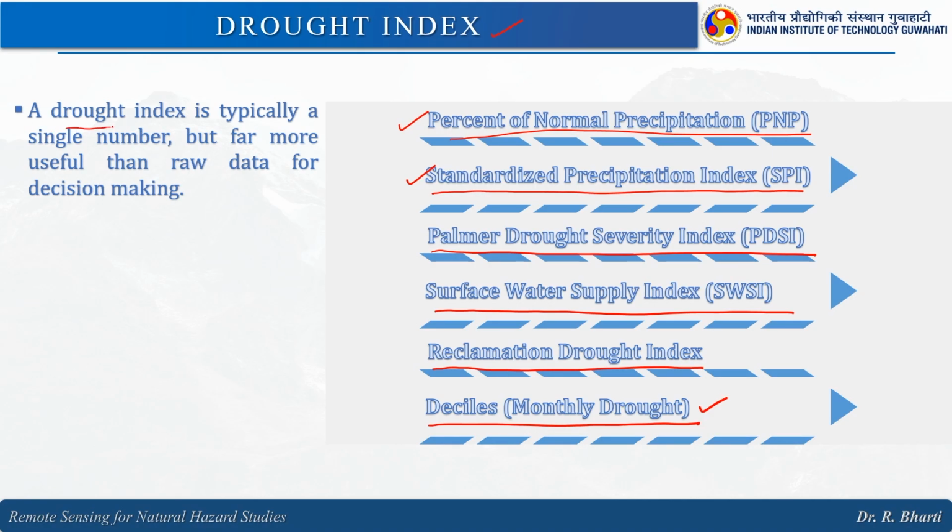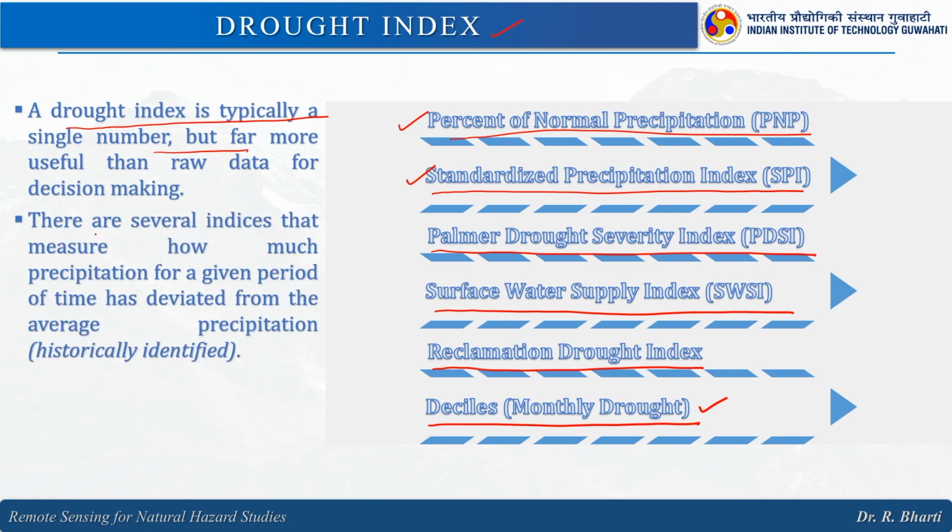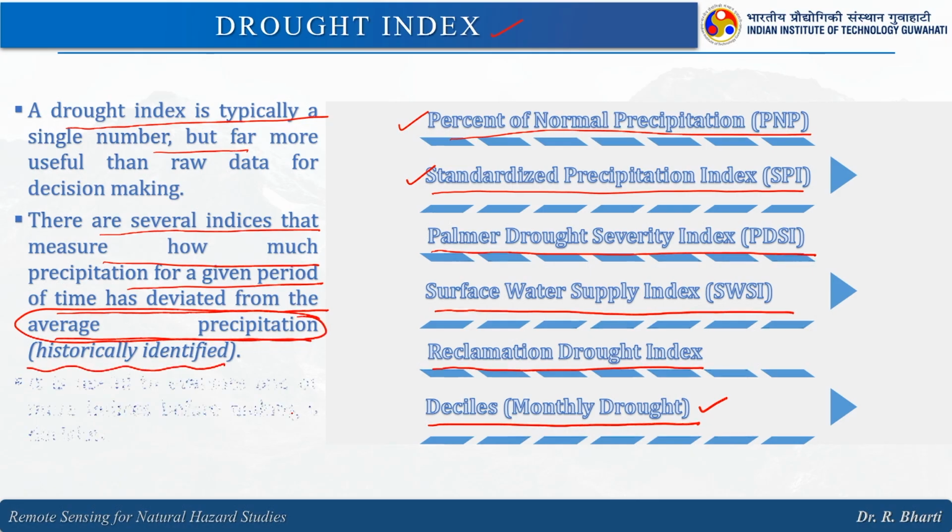A drought index is typically a single number, but it is far more useful than the raw data for decision making. There are several indices that measure how much precipitation for a given period of time has deviated from the average precipitation, and this average can be derived through various methods. So we call them historically identified.